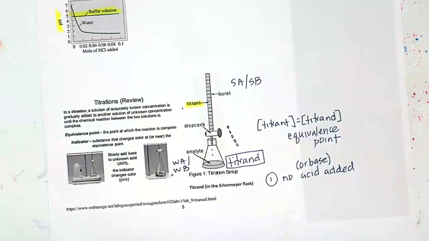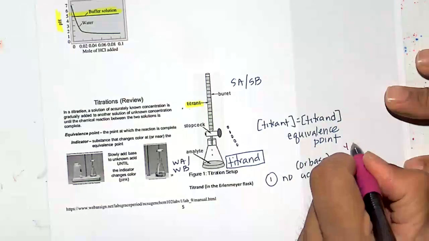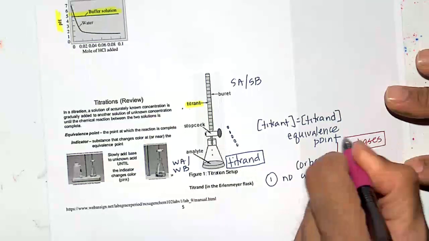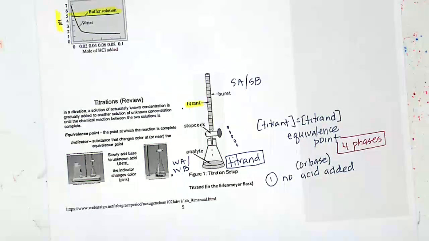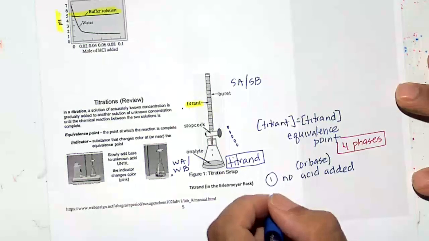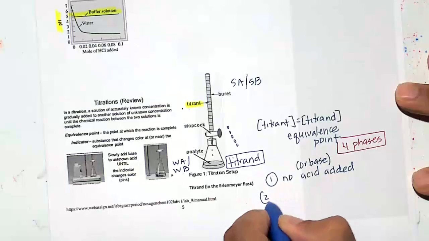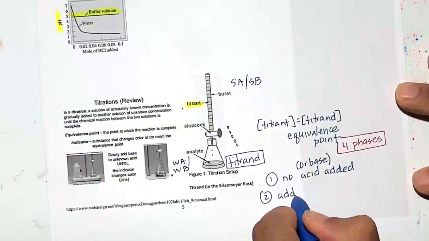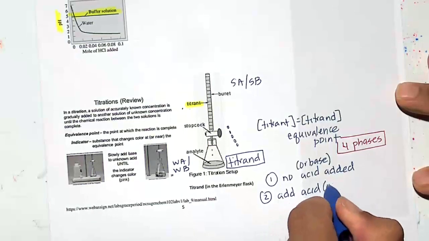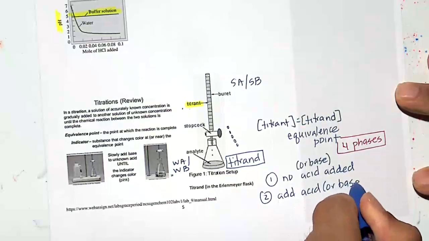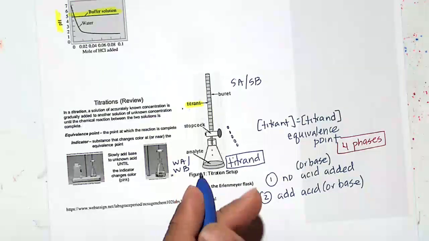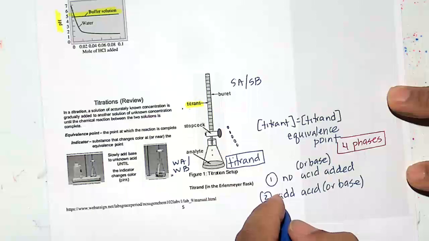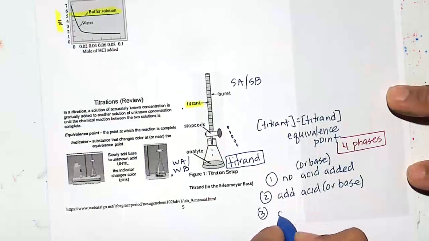4 phases. That's phase 1. We'll do a problem like that. That's part A. Part B is you start adding acid or base from the burette. Phase 3 is you add acid or base to reach the equivalence point.